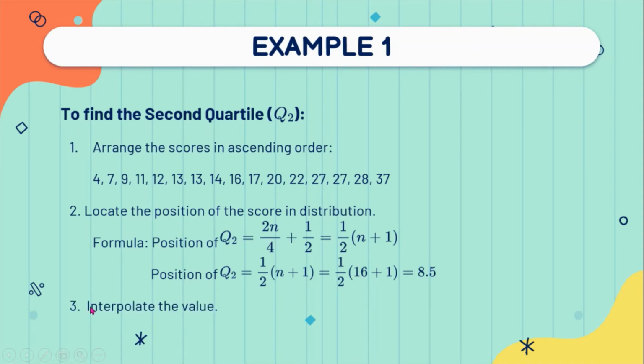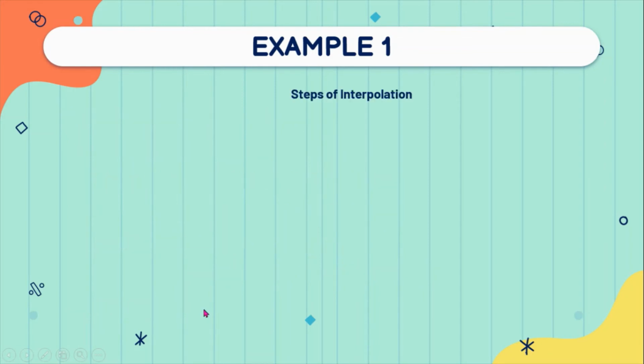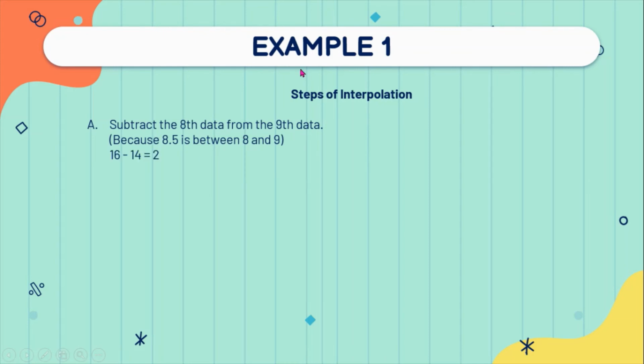Next, interpolate the value. These are the steps of interpolation. Since using the formula in finding the position of the second quartile we obtained 8.5, and 8.5 is between 8 and 9, we are going to subtract the 8th data from the 9th data. That is 16 minus 14, which is equal to 2.